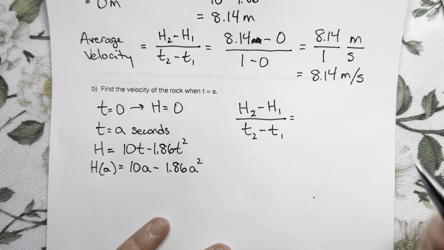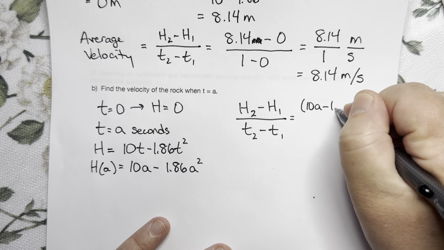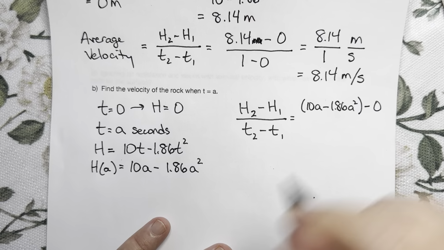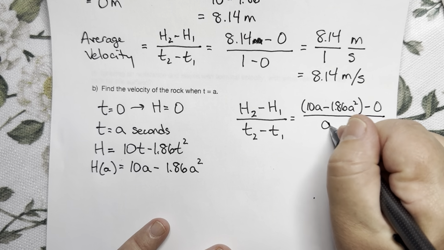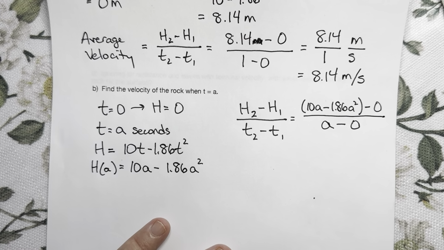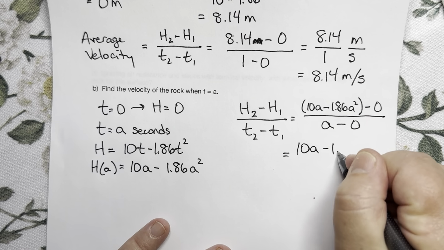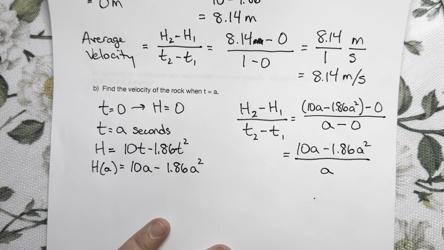Oh my goodness, I did not leave myself enough space, but I've got 10a minus 1.86 a squared, and since we're comparing it to 0, it makes that part pretty easy. And then this is going to be over a compared to time 0. So that's going to be 10a minus 1.86 a squared all over a.